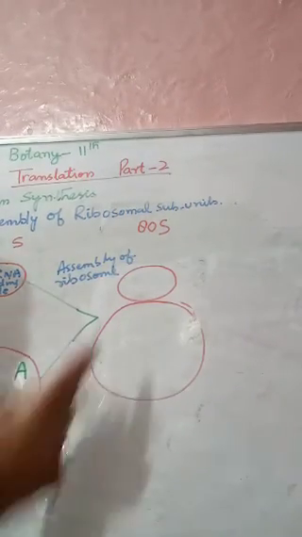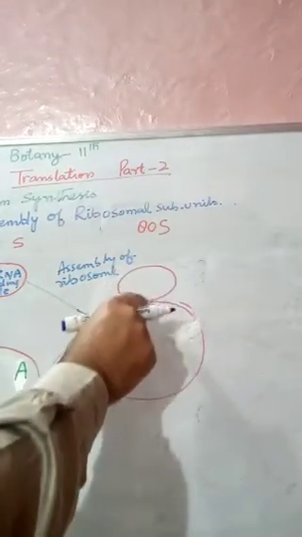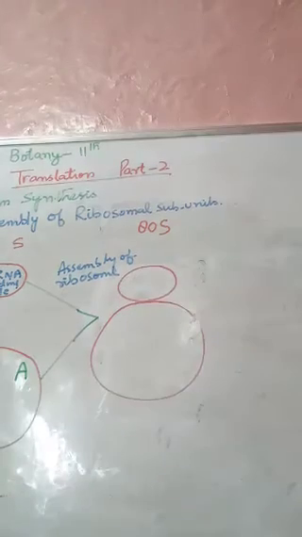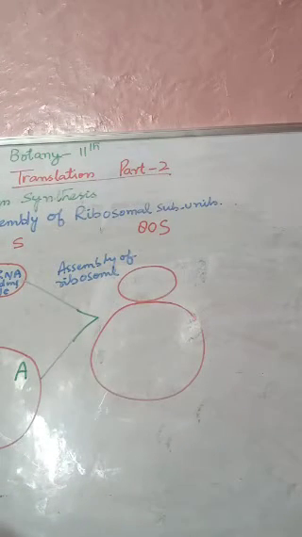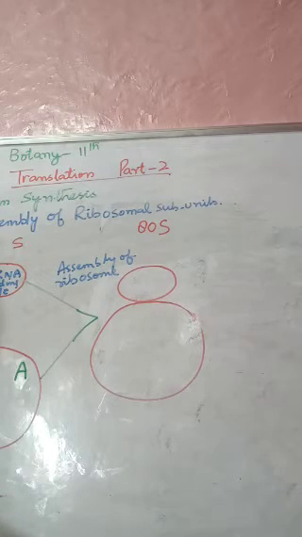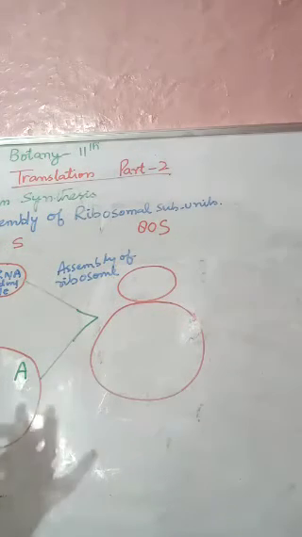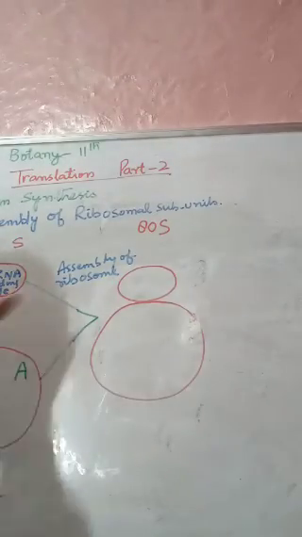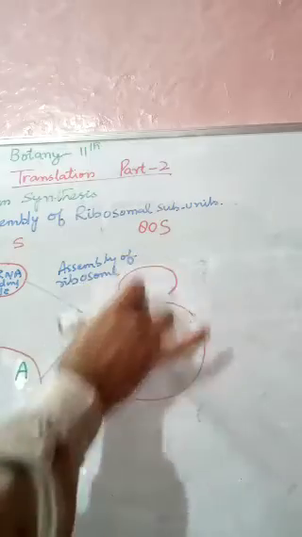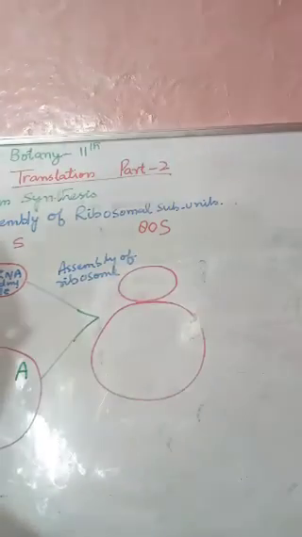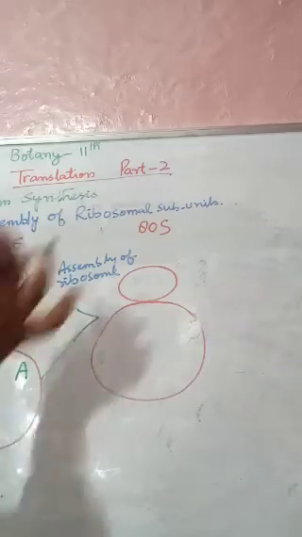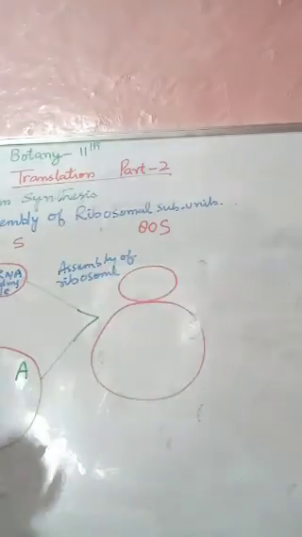And for this assembly of the smaller subunit and larger subunit to combine together, magnesium ions are required. If the magnesium ions are in less quantity, these two subunits will not assemble. If they are in the appropriate amount, then these two will assemble together.